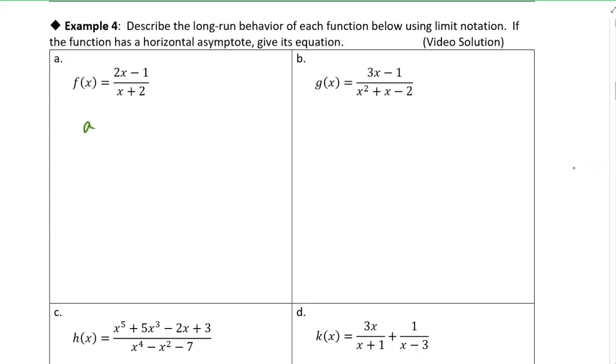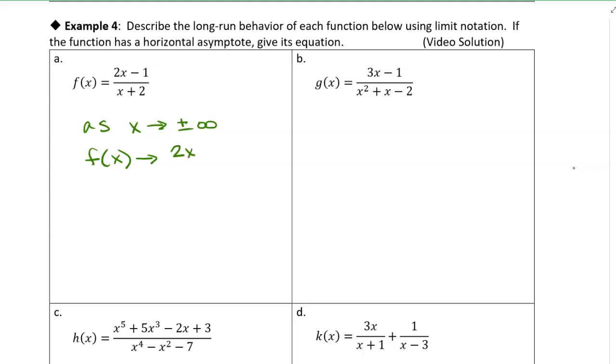Remember, we're going to start by saying, as x goes to plus or minus infinity, that's how we determine long run behavior. We look at what happens as x gets really, really large in the positive direction or goes farther and farther negative. So as x gets larger and larger in either direction, we just look at the leading term of the numerator, which is 2x.